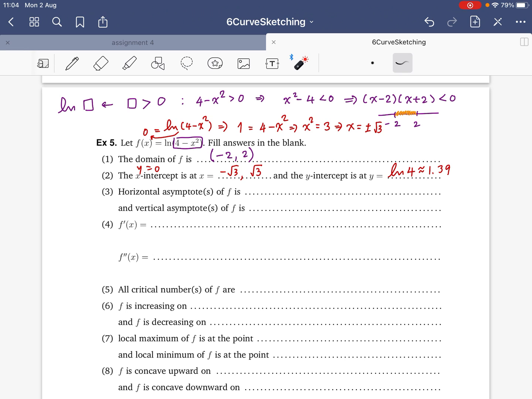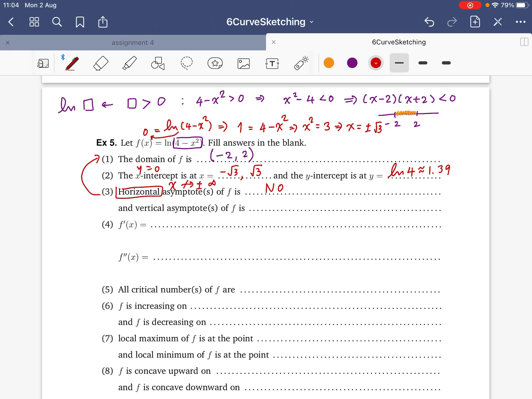Why is that? Because here your x can range from negative 2 to 2. So your x cannot go beyond this interval, so your x cannot go to either positive or negative infinity. So of course there will be no horizontal asymptote. Okay, sorry about that.